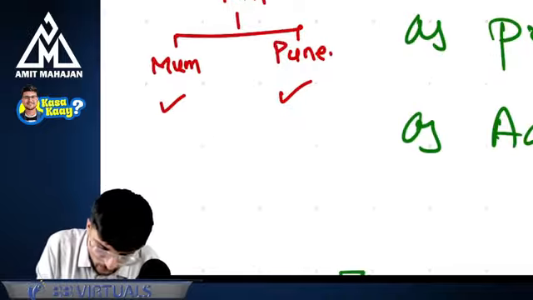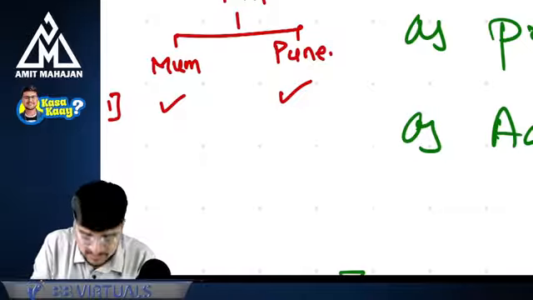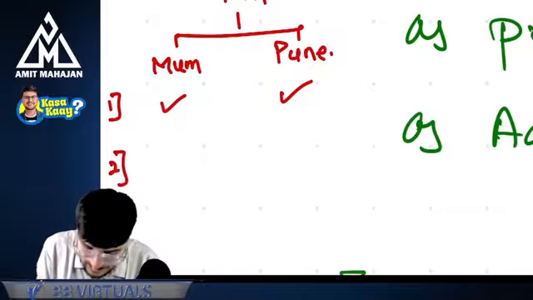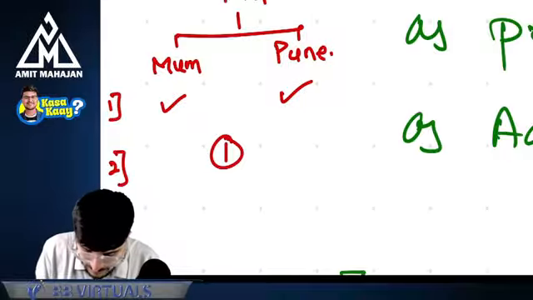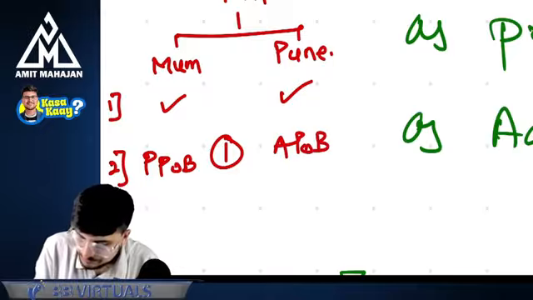So they can take two separate registrations, or they can take only one registration where Mumbai is considered the principal place of business and Pune is considered the additional place of business.